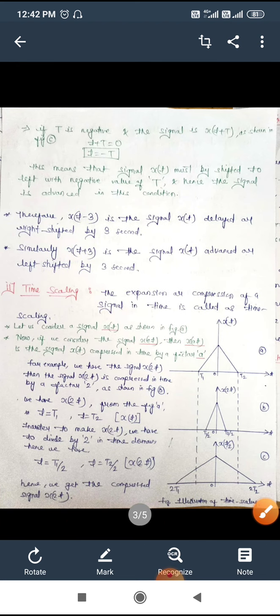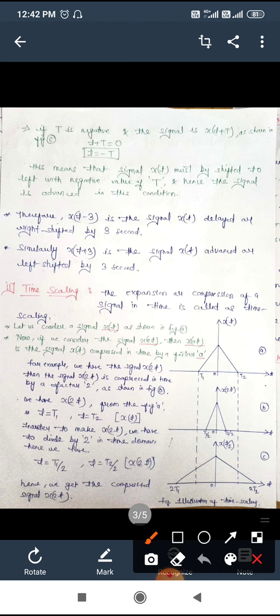For example, if we have x(t minus 3), what do you mean by that? This means the signal x(t) is delayed. The expression t minus 3 must be delayed and shifted toward the right by the value of T, which here is 3.